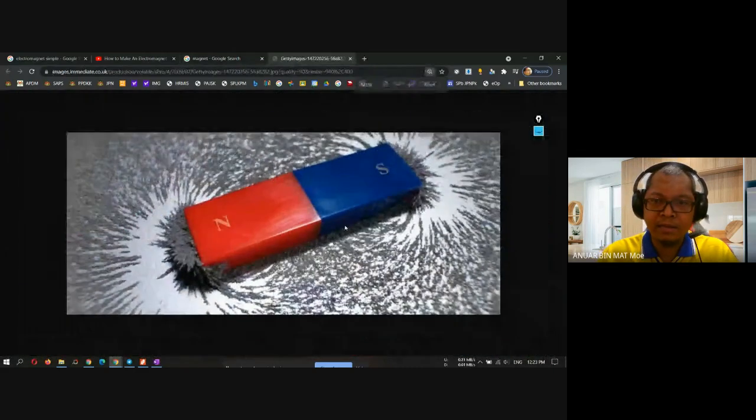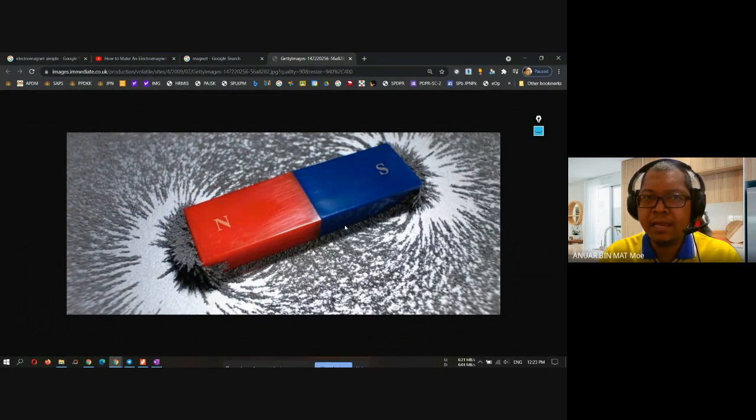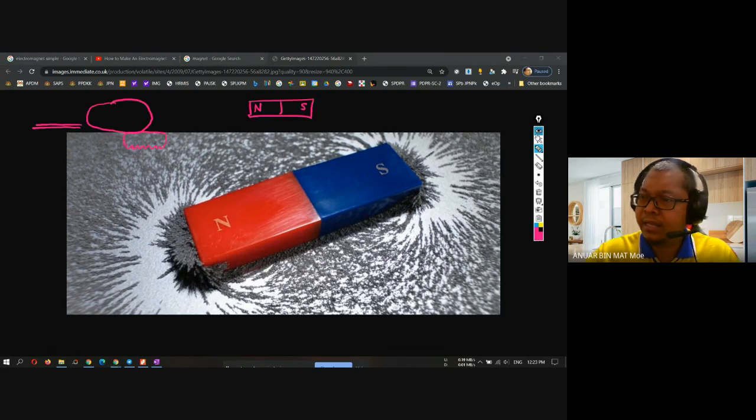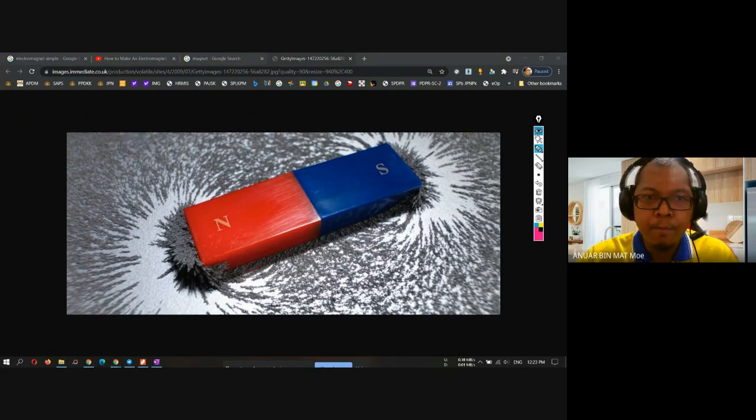Does it use electric or not use electric in order to create a magnetic field? Correct, this type of magnet does not need electricity in order to create the magnetic force. This is what we call a permanent magnet.